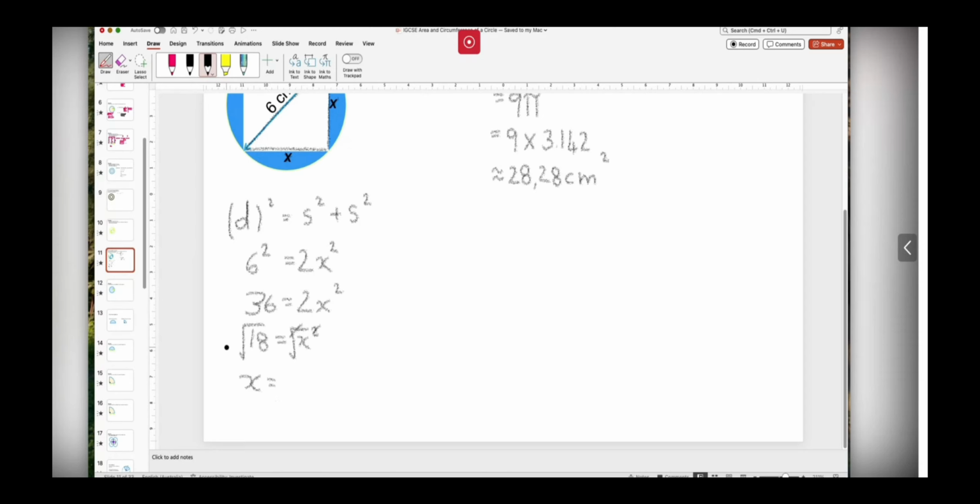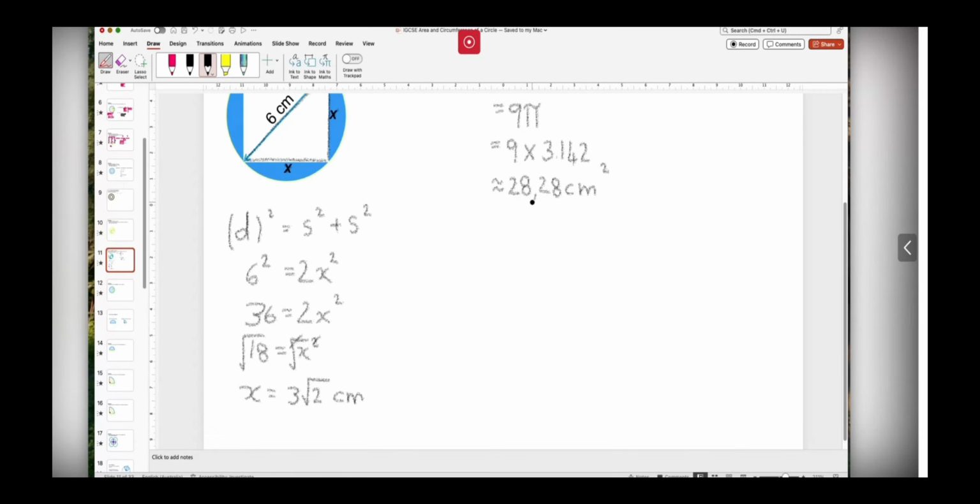And you can simplify that. It's going to be 3 times the square root of 2 centimeters. Okay, so now we have the side length of the square. Now, to calculate the shaded area, we have to figure out the area of the circle, which is 28.28, minus the area of the square.